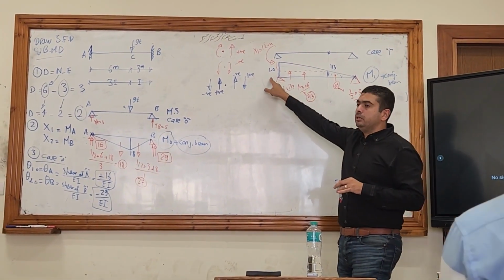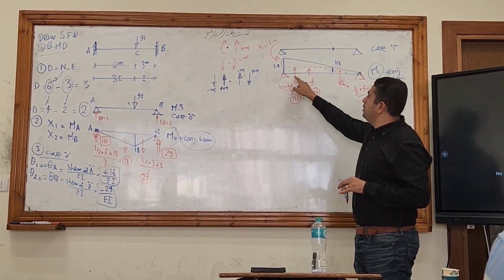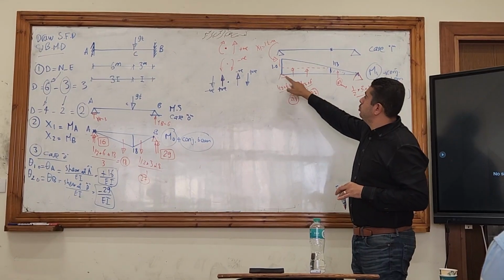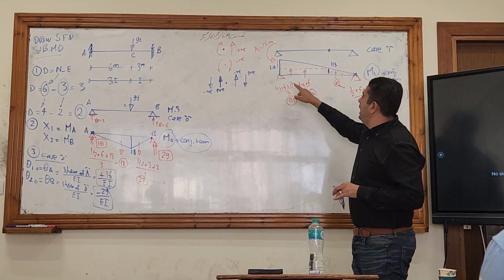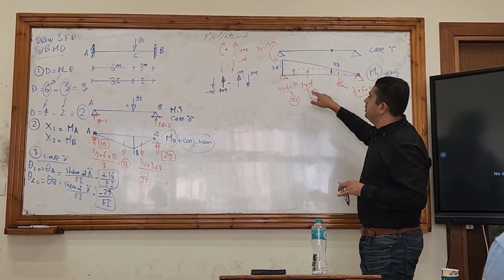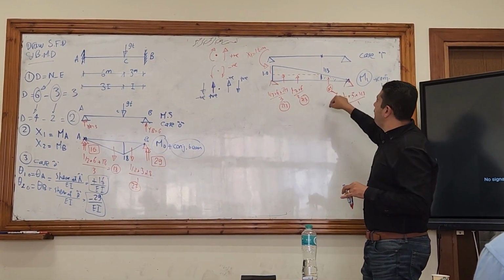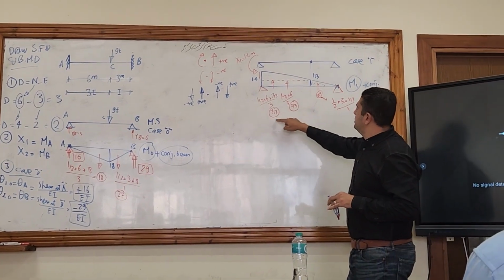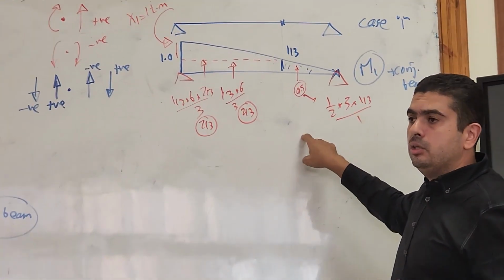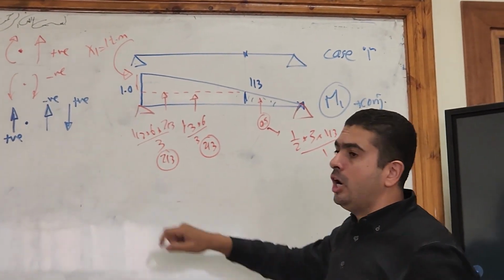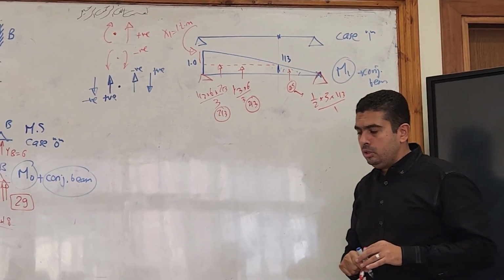Take a moment here. So 2/3 times 2/3 of the 6, and then 2/3 times 3, and then half times 6 and 1, which is 7, minus YB times 9 equals 0.